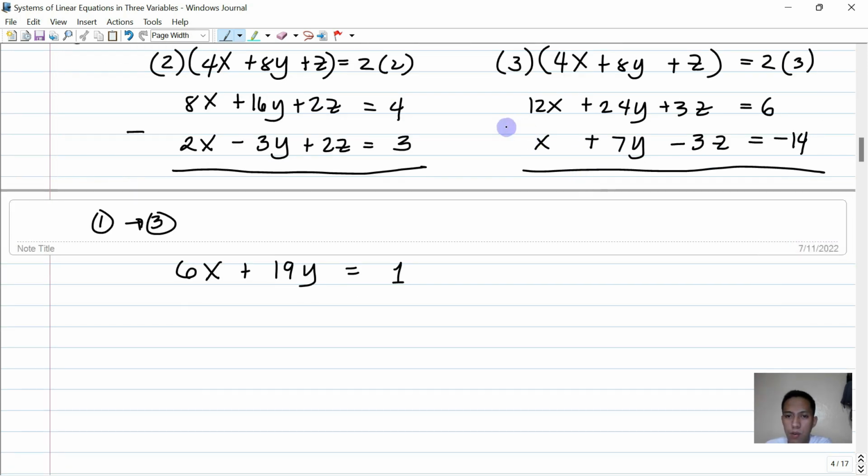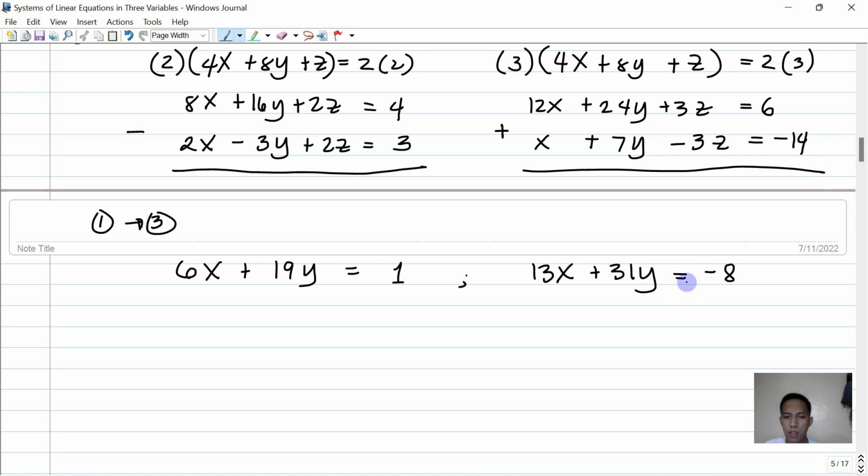So different sila. We should add. Okay, mag-add tayo. So 12x, okay, 12x plus x, so that is 13x. And we have 24y plus 7y, that is 31y. And 3z plus negative 3z, 0, so eliminated. And we have 6 plus negative 14, that is negative 8.